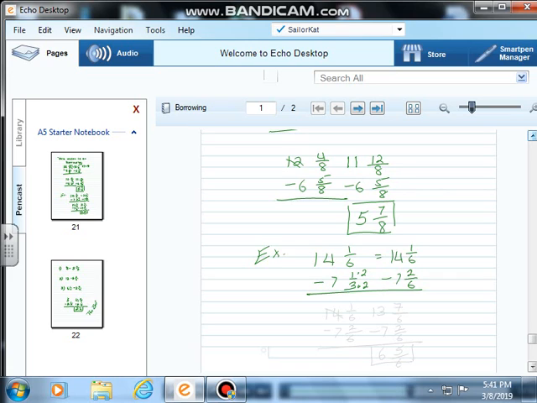Again, we're going to have to borrow, so we will rewrite the problem, and we'll borrow from the 14, make that 13, add 6 to 1, and we'll have 7/6 minus 7 2/6. 7 minus 2 is 5, and 13 minus 7 is 6.